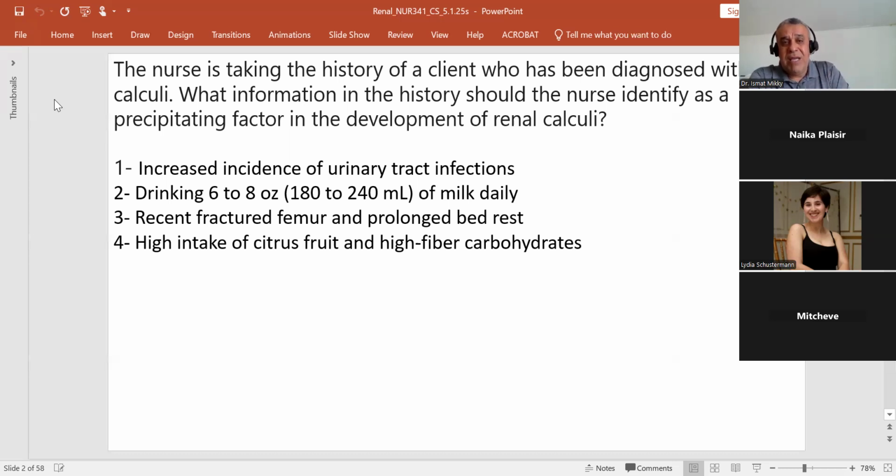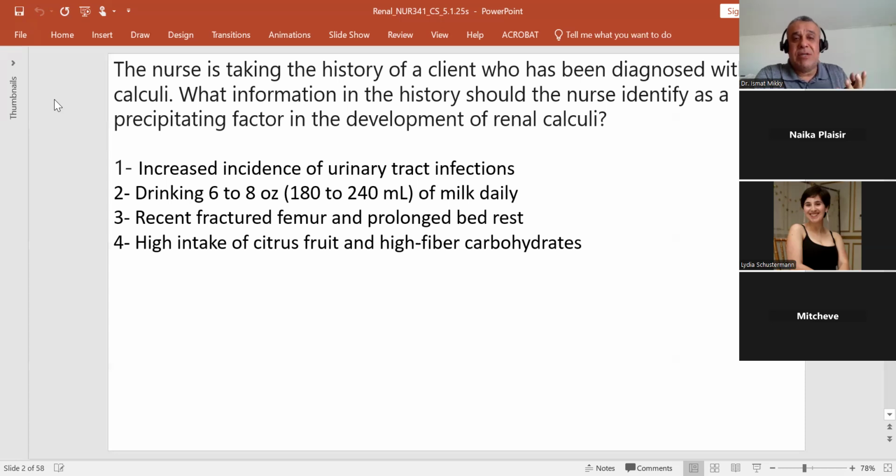So we have calcium being released from the bone into the bloodstream, and more calcium travels to the blood and then to the urine, and that makes the risk higher because of immobilization, bone resorption, and calcium concentration.